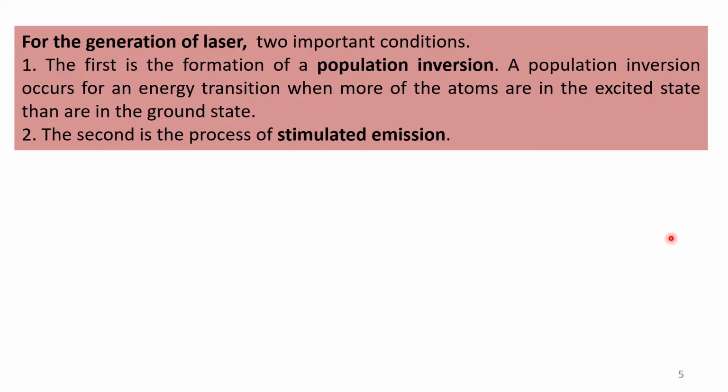Okay. And second is the process of stimulated emission. So every type of laser must satisfy these two conditions. That means the first one is the population inversion and the second one is the stimulated emission.